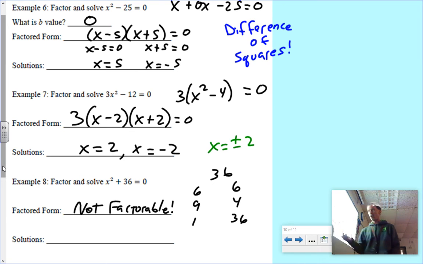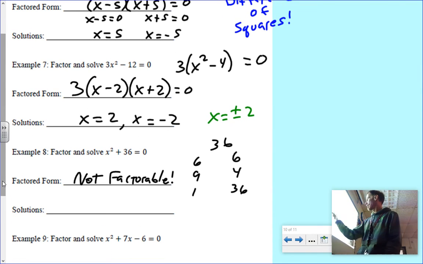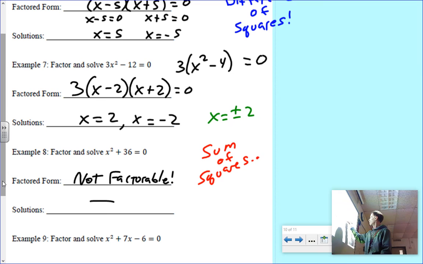Okay, now there are still solutions. That's going to come later. We're not going to talk about that right now. But for right now, there are no real solutions because it is not factorable. This also has a name. I'm going to put it in red because it's not factorable. This is the sum of squares, which is not factorable.